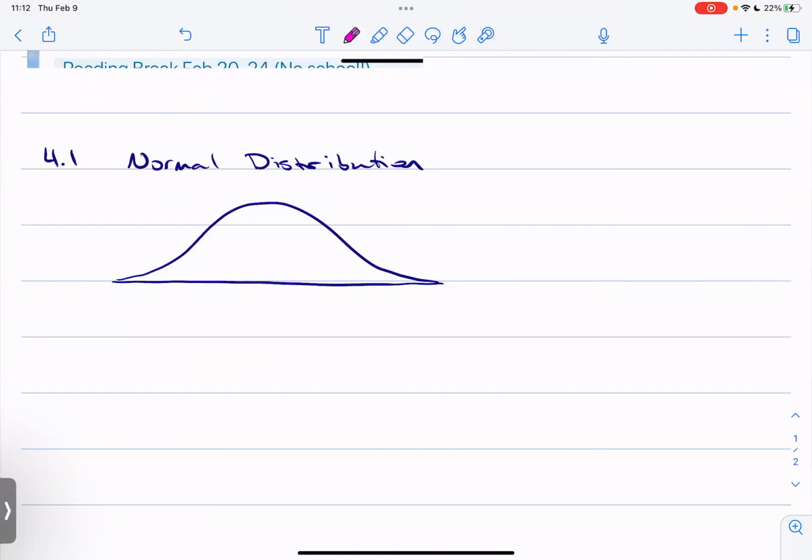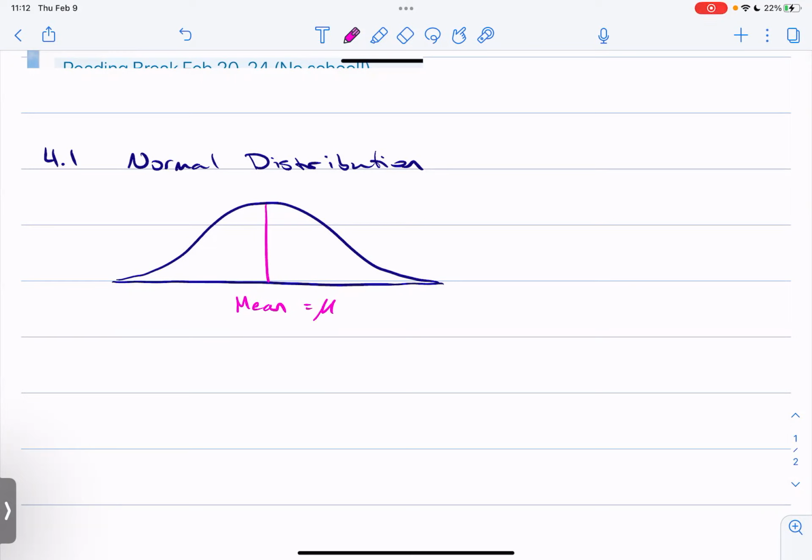The first thing is that down dead center is the mean. The mean is denoted by mu, for a population. So we're going to use mu for the mean.